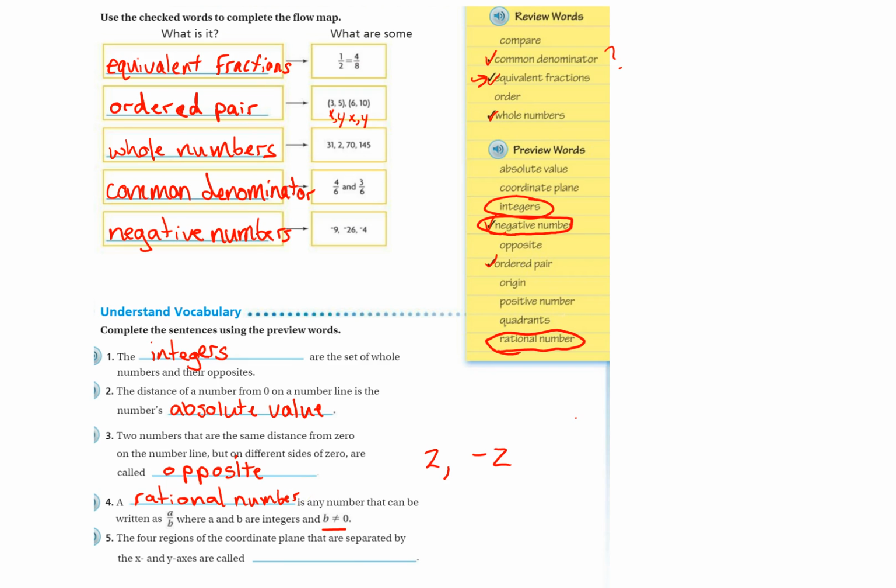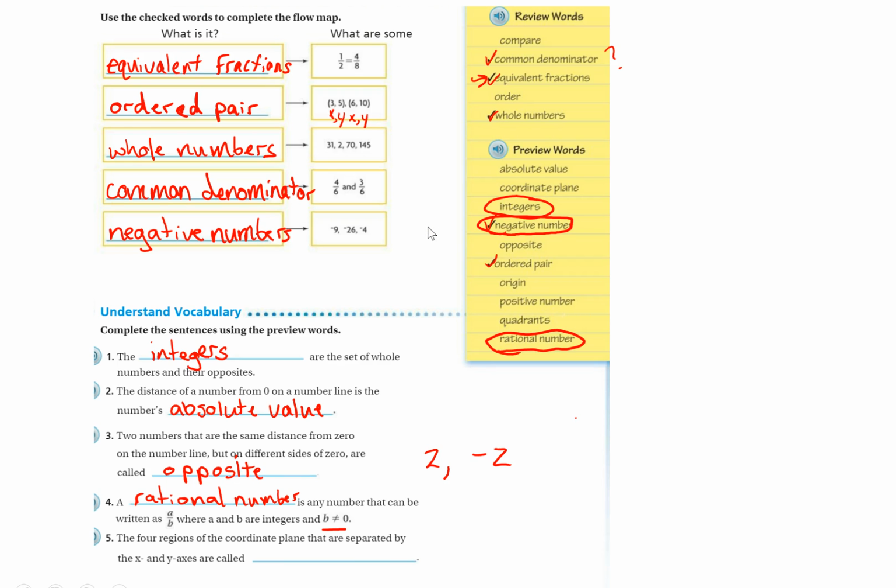Okay. 4 regions of the coordinate plane that are separated by the x and y axes are called, oh, sorry about that. Those are called quadrants. Why quadrants?